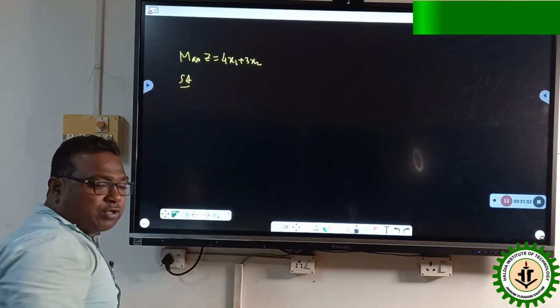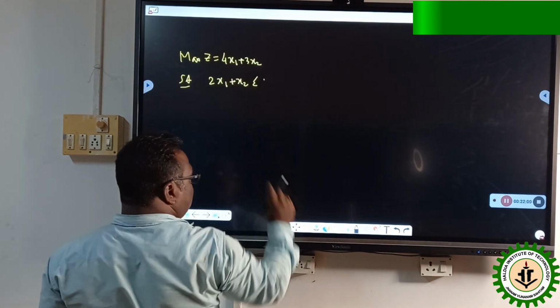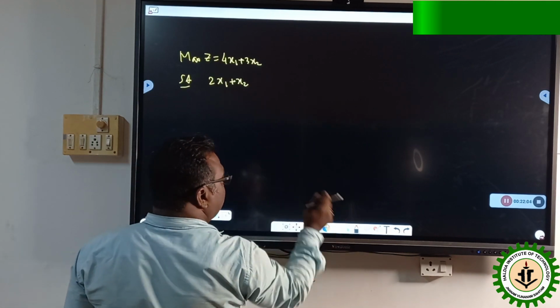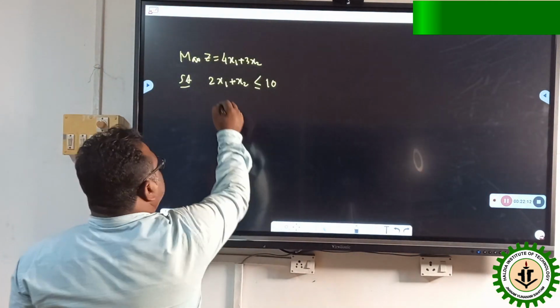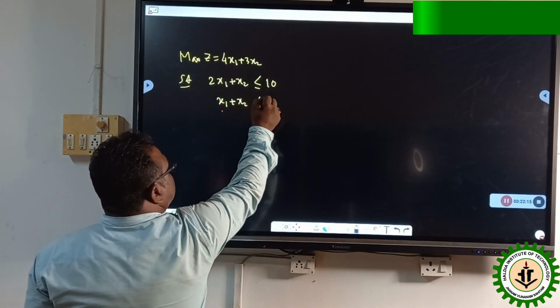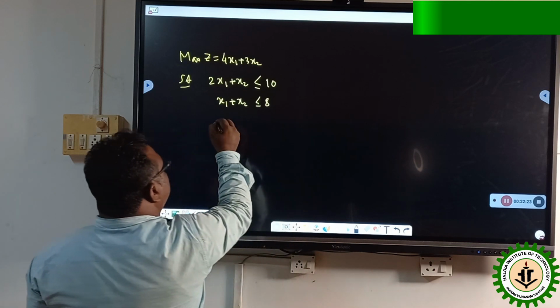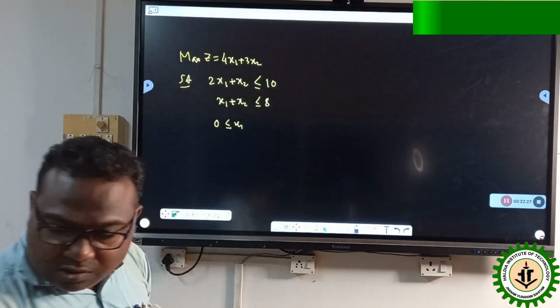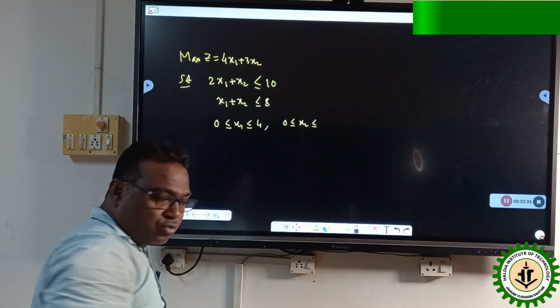So I am going for one problem. Max z equals 4x1 plus 3x2, subject to the constraints 2x1 plus x2 less than or equal to 10, then x1 plus x2 less than or equal to 8, and then 0 less than or equal to x1 less than or equal to 4, 0 less than or equal to x2 less than or equal to 7.